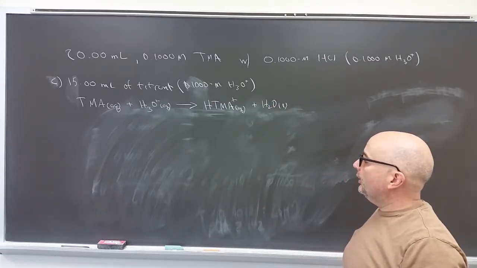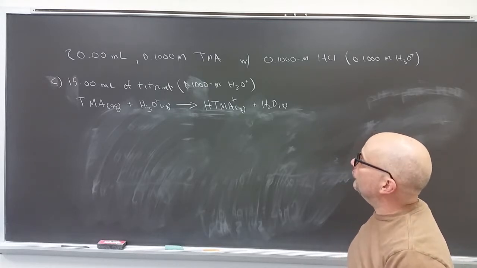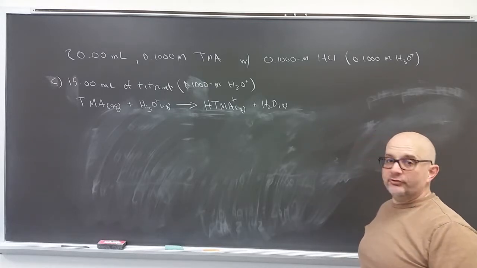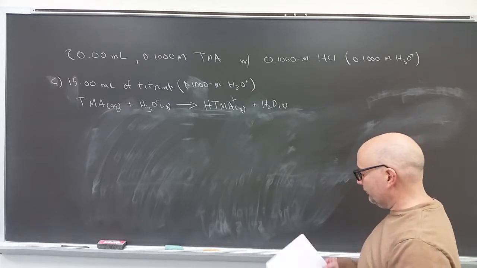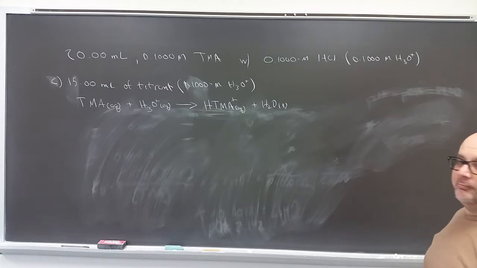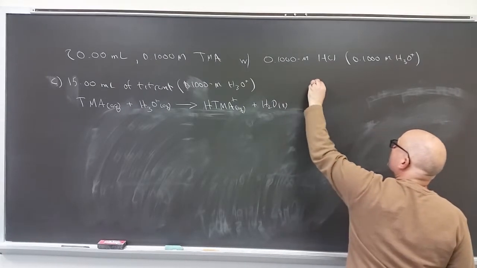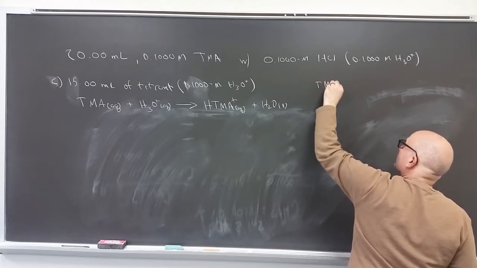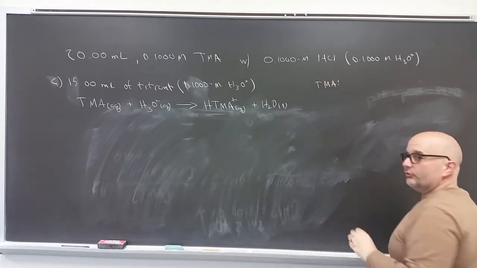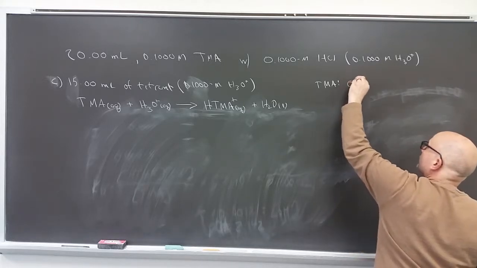So now it's useful to actually figure out how much of your trimethylamine has been reacted by the addition of the acid. So the first thing you need to do is to figure out the amounts of both compounds at this point. Now remember, concentration times volume gives you an amount.